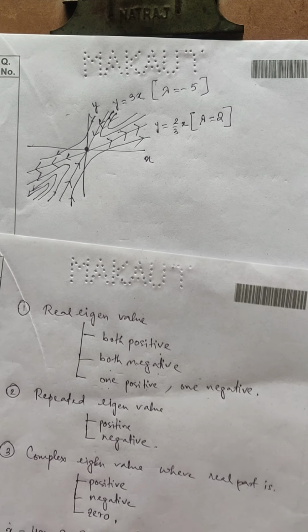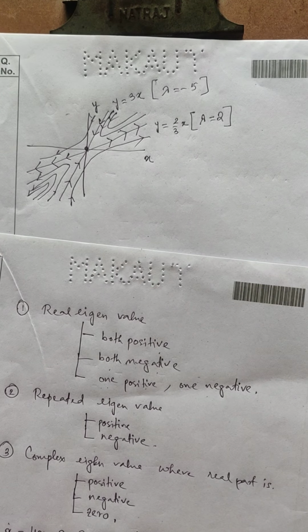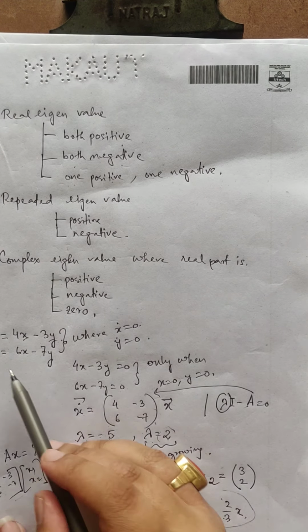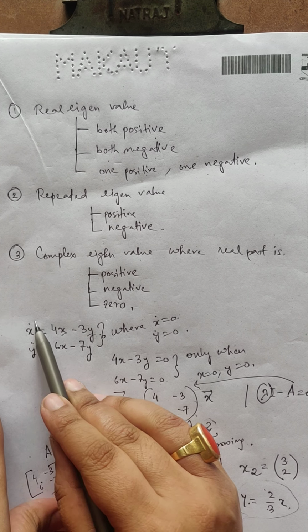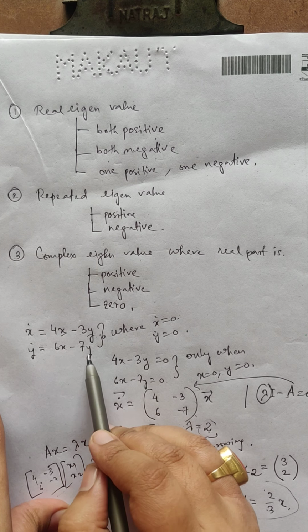Can you see? This is the way we draw a phase plane, or rather a phase portrait. So this was my question given: x dot is equal to 4x minus 3y, y dot equal to 6x minus 7y.